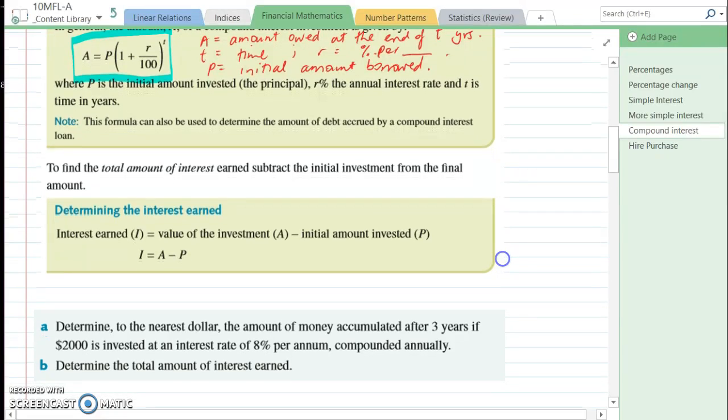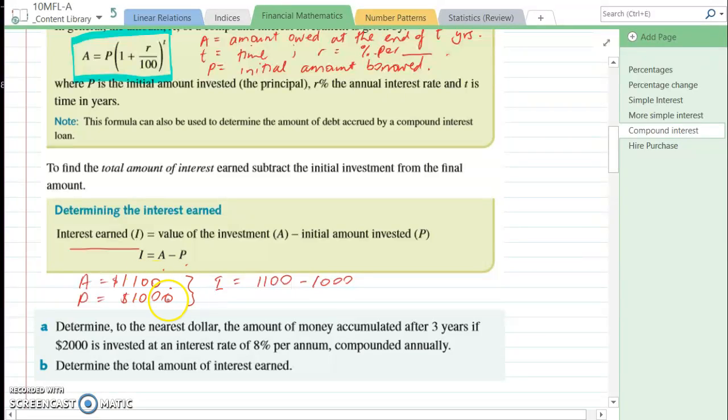Now, if you just want the interest earned, you take A from this formula and you minus P. So say I want the interest earned if my final investment amount is $1,100 and the original amount I invested was $1,000, then my interest would just be 1100 take away 1,000, because this is the amount that I earned from the investment and this is the amount that I invested in it.